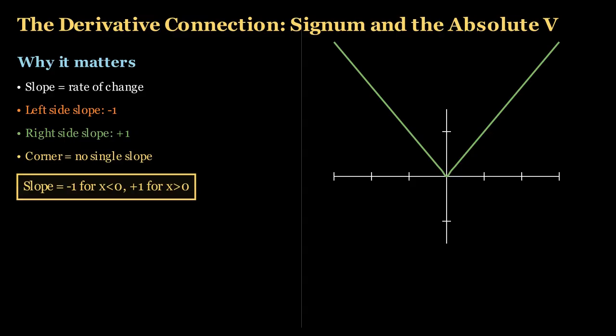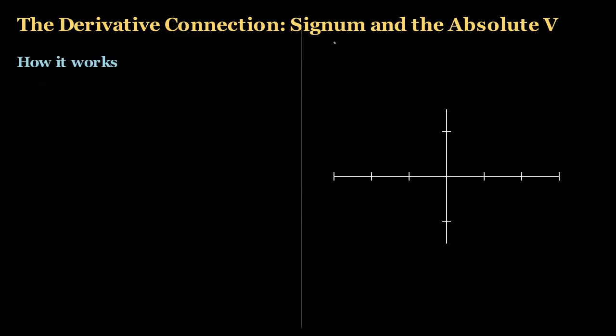Now here's the beautiful connection. The derivative of the absolute value function, for every x not equal to 0, is exactly the signum function. Remember, Sgn of x is -1 for negative x, 0 at x equals 0, and +1 for positive x. But wait, the derivative of the absolute value doesn't exist at 0, while Sgn of 0 is defined as 0.